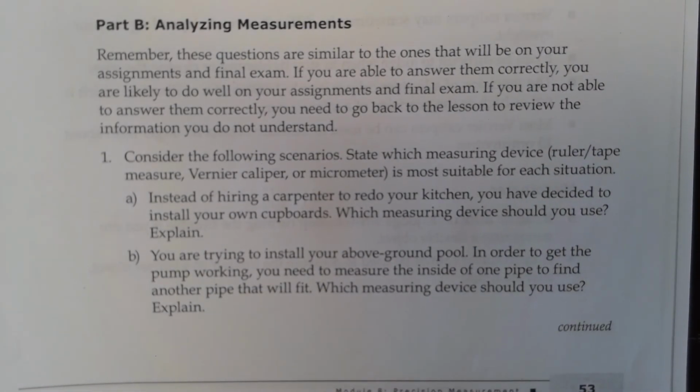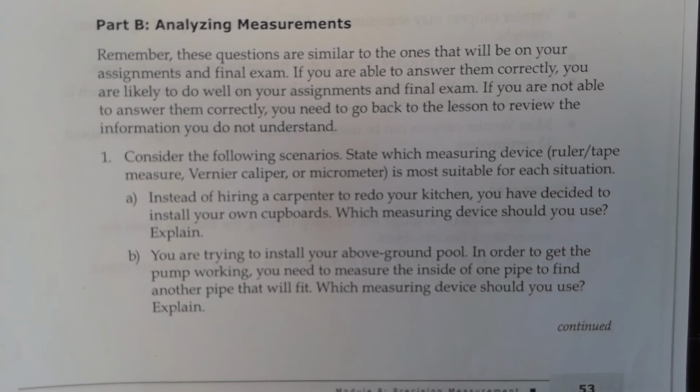Instead of hiring a carpenter to redo your kitchen, you have decided to install your own cupboards. Which measuring device should you use? Rather obvious that you're going to use a tape measure, right? To get the lengths you need.